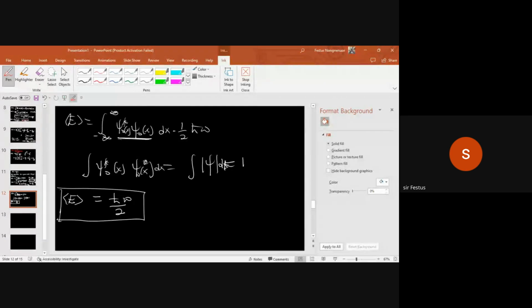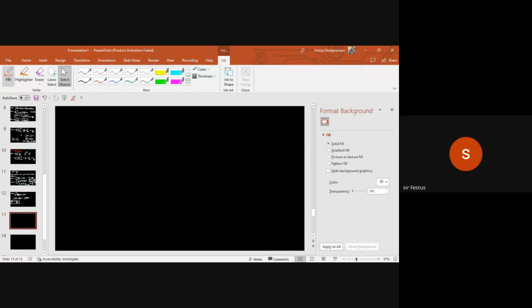So you can also write, okay, let me skip this. All right. So let's look at what we mean by commutators.